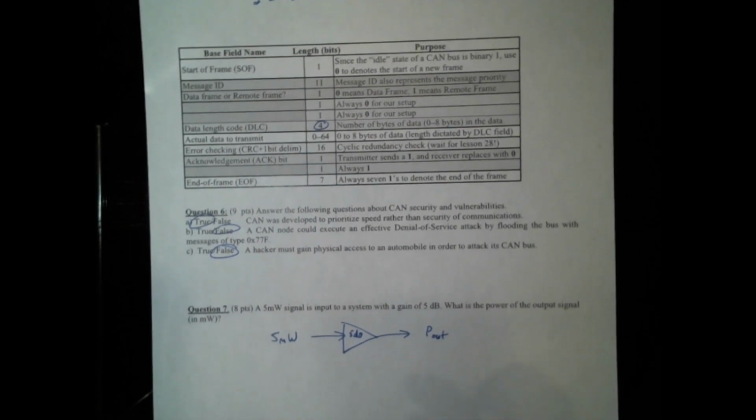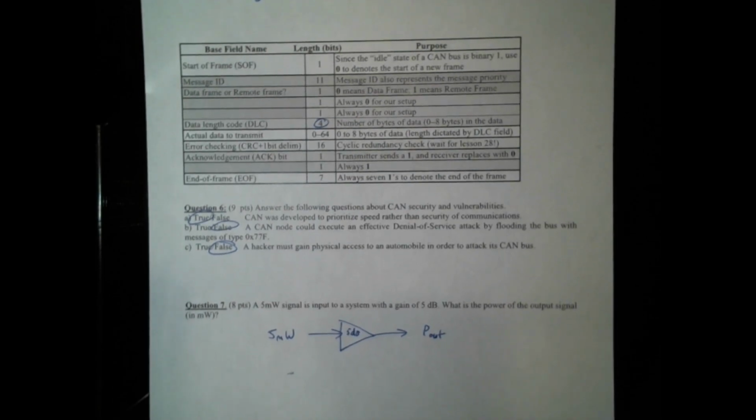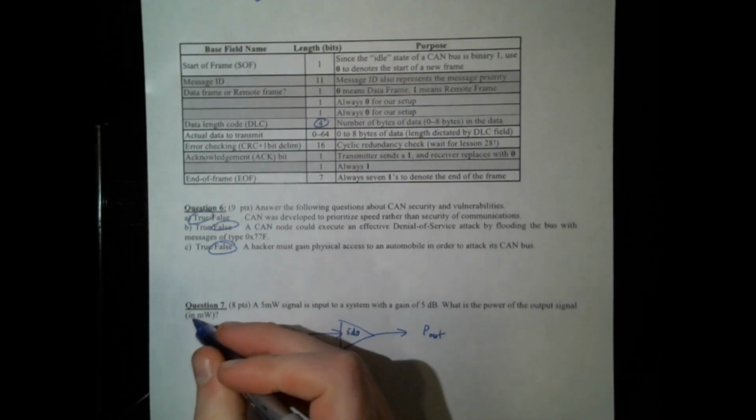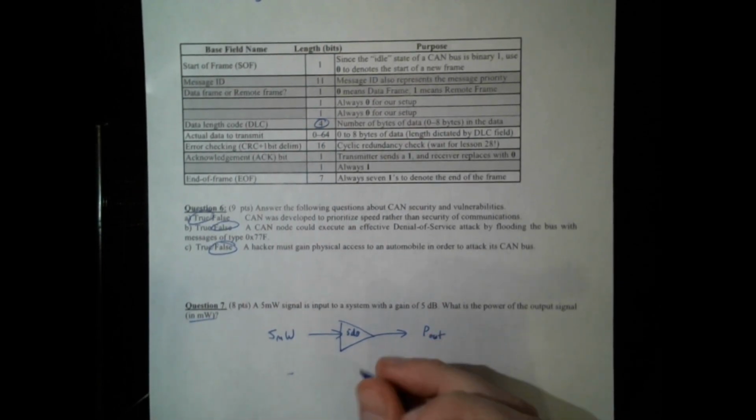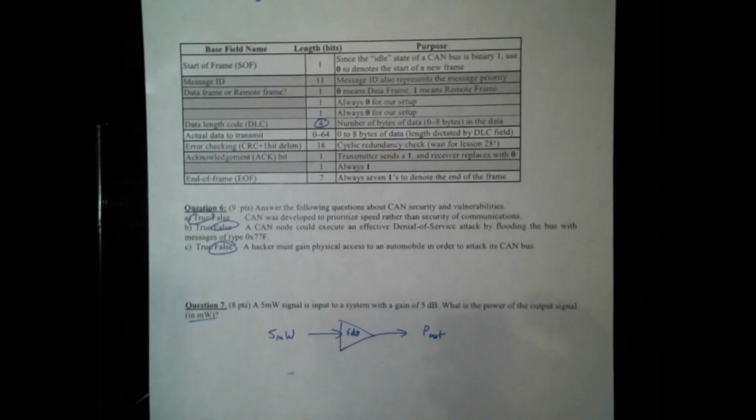Now we have a mix of milliwatts coming in and decibels as the amplifier, so that doesn't work. We have to convert one of these values, and since it wants the output signal in milliwatts, the right thing to do here would be to convert the 5 decibels into a unitless gain value that works as a multiplier for the 5 milliwatts.